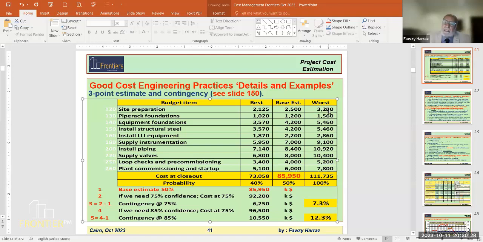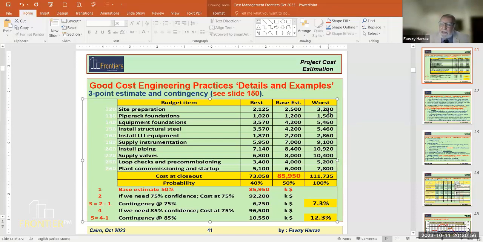Of course, a very important note is that the estimators doing this on a refinery or a power generation plant have what they call a development allowance or design development allowance. We know definitely, on every project, that when the basic design goes to detailed design, there are some extras.